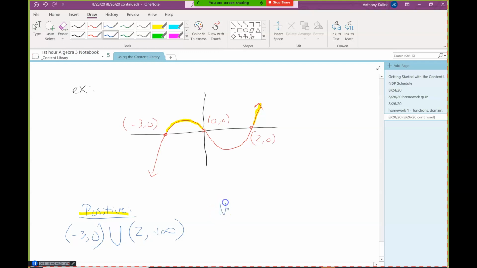Okay. Let's do the negative parts now. How many sections of the graph do you see that are negative? I see 2, right? I see this section here, and then this section here. Everybody agree with that? So same idea. We're going to describe the x-coordinates of where the graph is negative. So that first green section, the leftmost point is the arrow pointing to the left and down, so negative infinity.